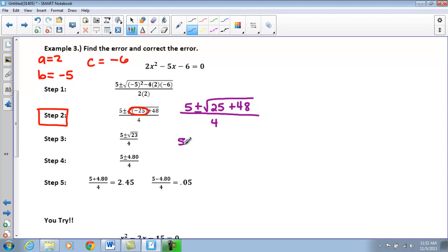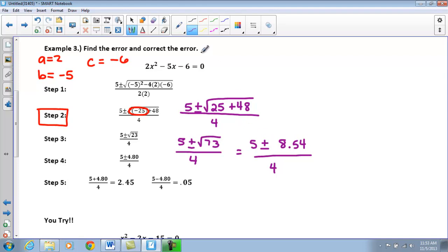So I have 5 plus or minus the square root of 73 over 4. Now, when I take the square root of 73, it isn't a perfect square, so we're going to round our answer to the nearest hundredth. So when we simplify here, the square root of 73 works out to be 8.54, all divided by 4.